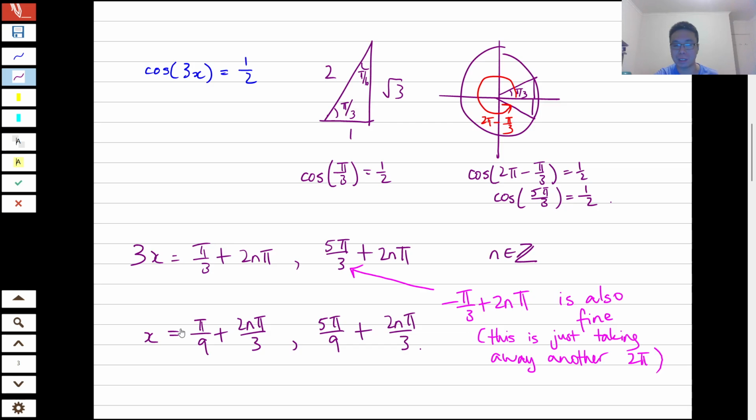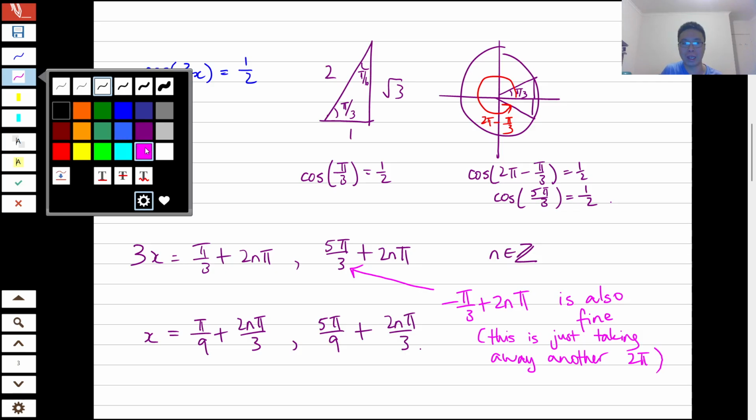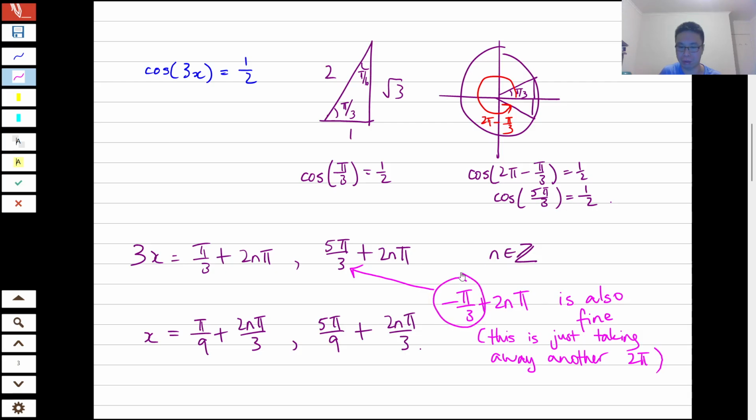Okay, I've got a few more examples, but I want to take a little bit of time now to discuss why you might get negative pi on 3 coming out of your calculator instead of 5 pi on 3. And this issue is not treated in depth in maths methods because it overlaps a little bit with specialist maths.